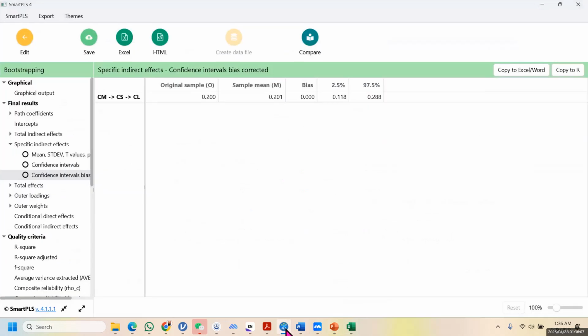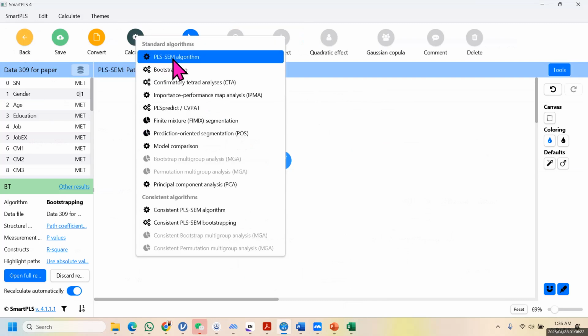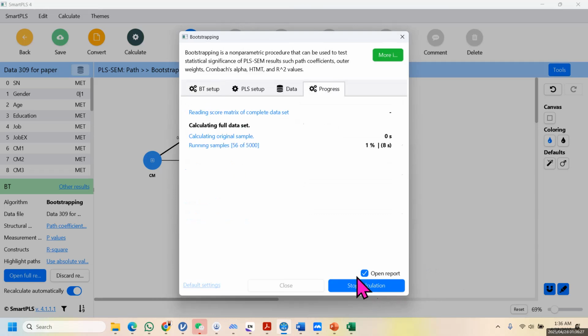Go to the SmartPLS software. Here, CM is the independent construct, CL is the dependent construct, and CS is the mediator. We start the bootstrapping method, start calculation.